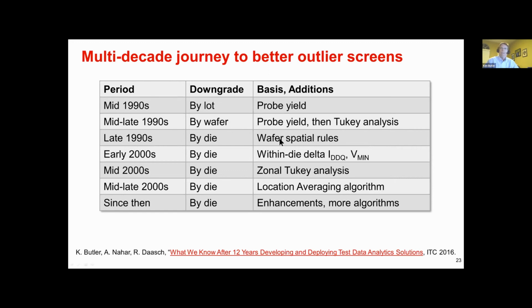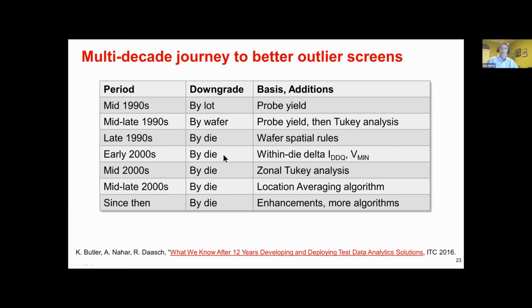By the late 90s, we started getting into wafer spatial rules, where we attack the wafer by looking at die, but looking at die in the context of other die. So you can think about things like surround rules and looking for things like scratches on the wafer, and using simple rules to be able to downgrade die on that basis.